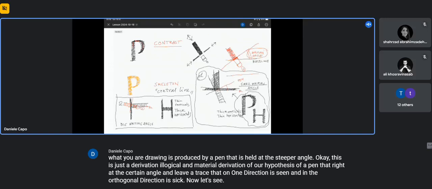Now let's see what happened actually in the history of Latin writing.